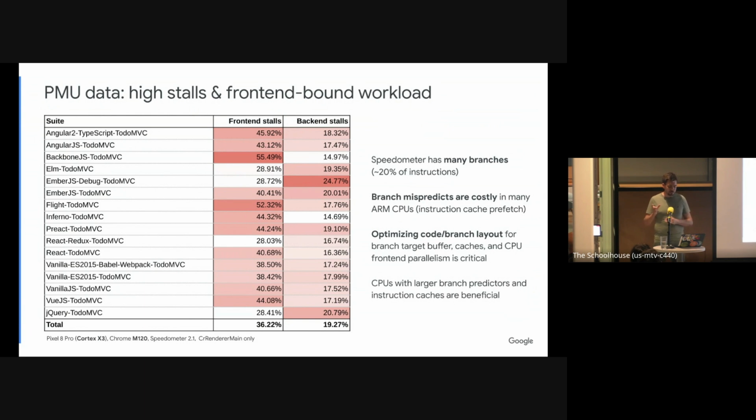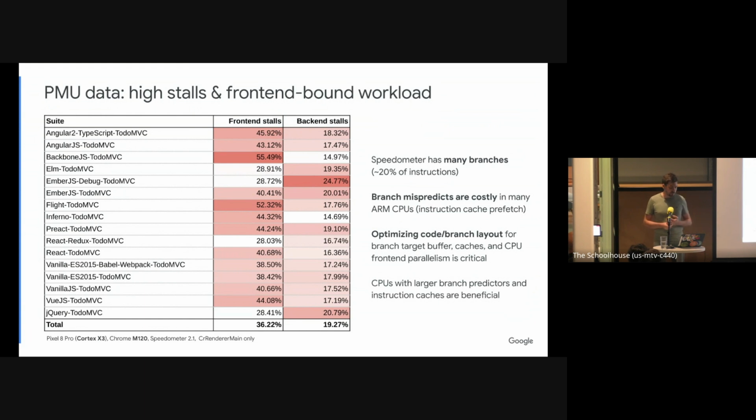Those are basically cycles that the CPU had to be waiting to make progress because it was waiting for data from somewhere, or because it had to crash the execution and restart it from scratch. The insight that we saw here is that actually the stall rate, the number of cycles that had been spent stalled as opposed to making progress, is really high in Speedometer, higher than in many other benchmarks that CPU architects might use.